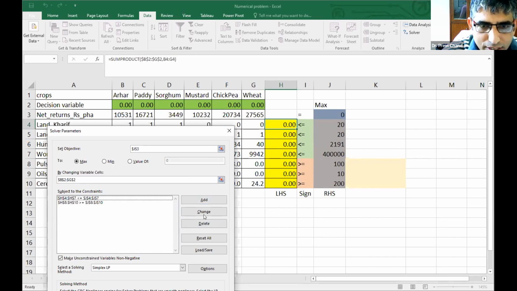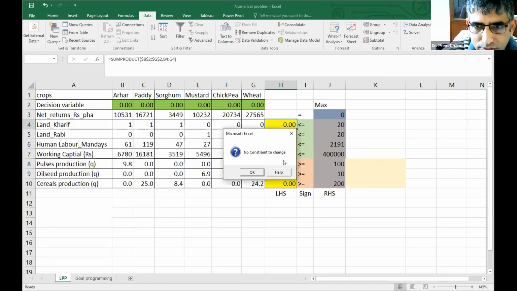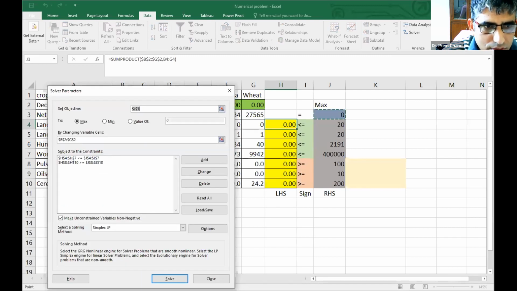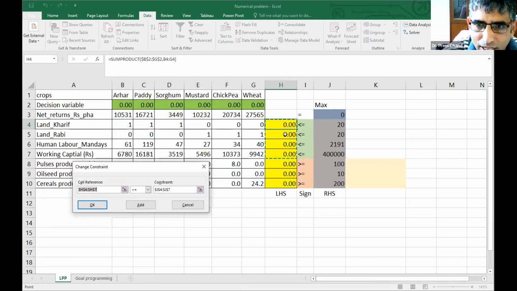Here, what I have done is I have selected at a time the cell reference H4 to H7. That means my left hand side, the resource used from the sum of all crops, should be less than my availability, and availability is there in the right hand side.